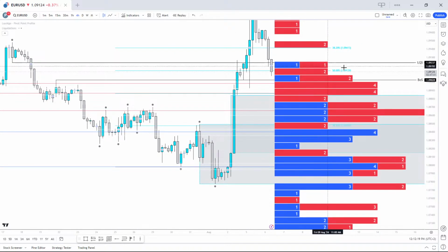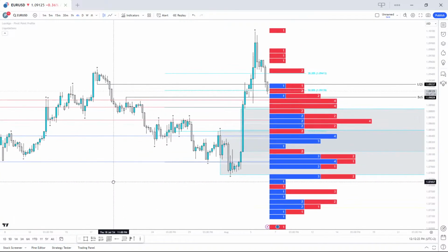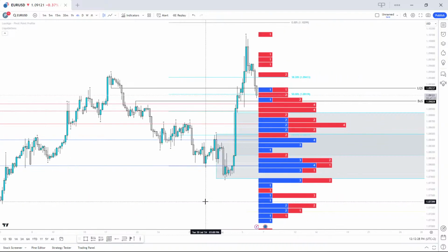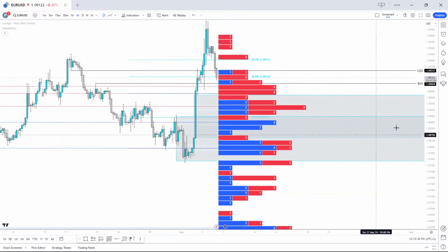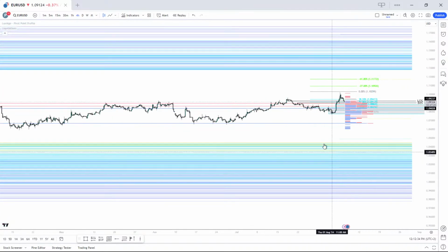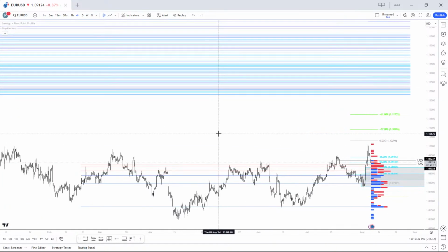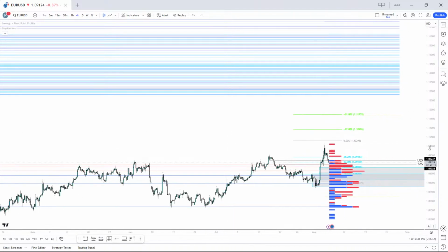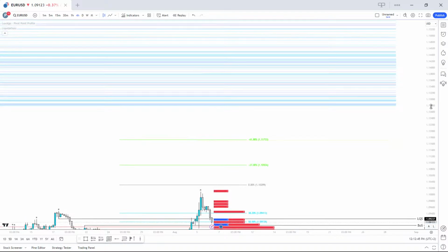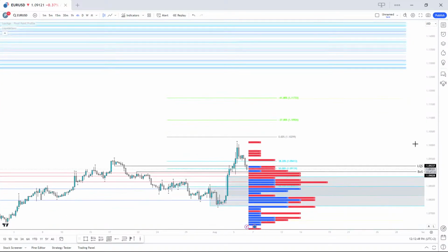Okay, so it's loading up. And nothing happened. Nice. Oh wait, actually there is. What is this? I don't know how this indicator works, but I assume those are the pivot points, pivot areas. I don't know.